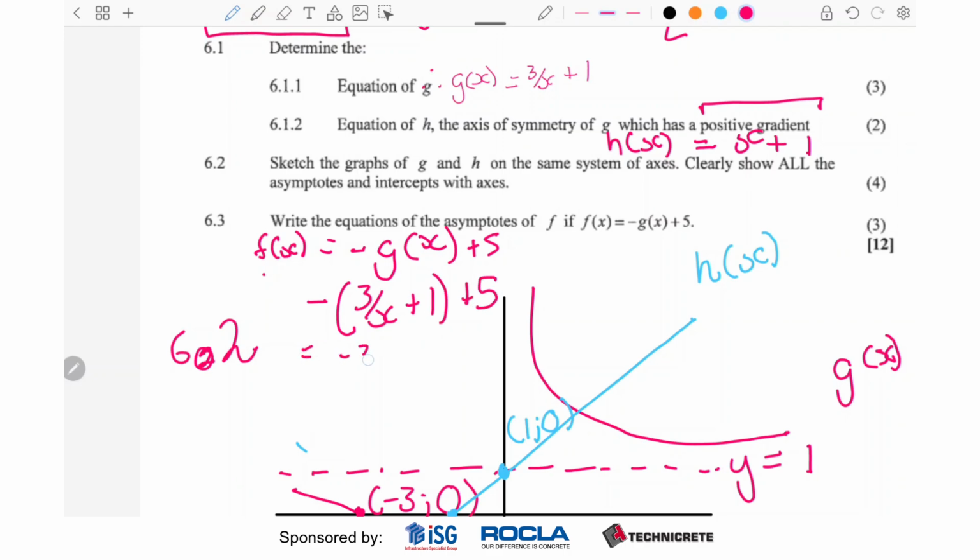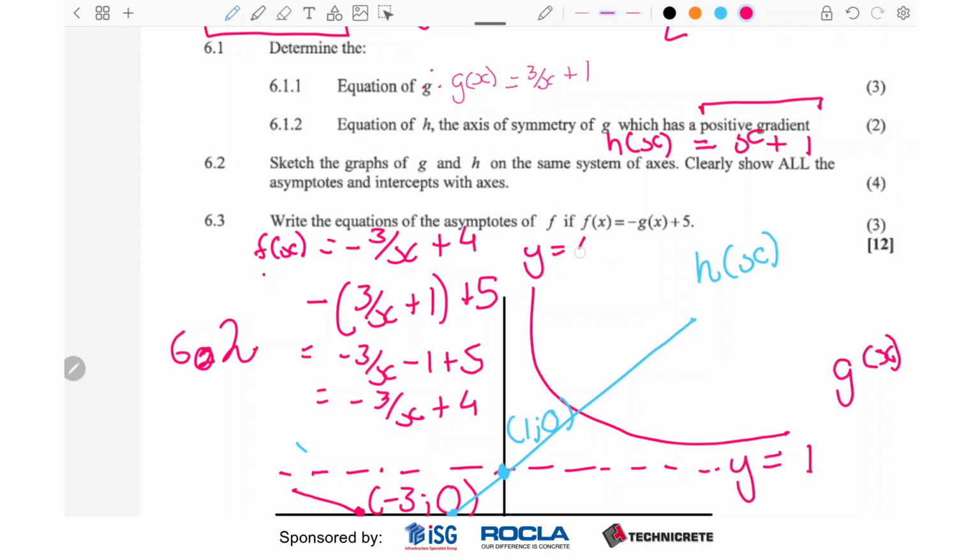This will become negative 3 over x plus 1 plus 5, which will be negative 3 over x plus 4. Therefore, f of x is negative 3 over x plus 4, which will mean our asymptote will be y is equal to 4. Thank you.